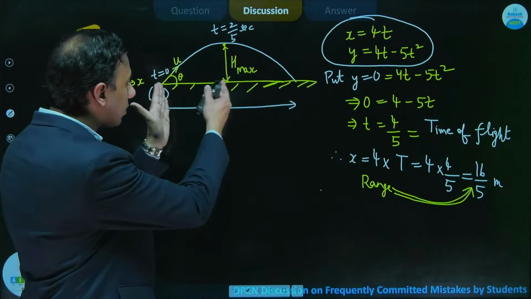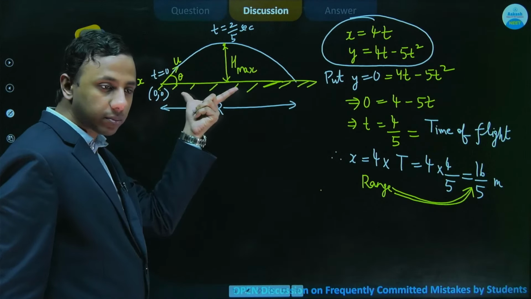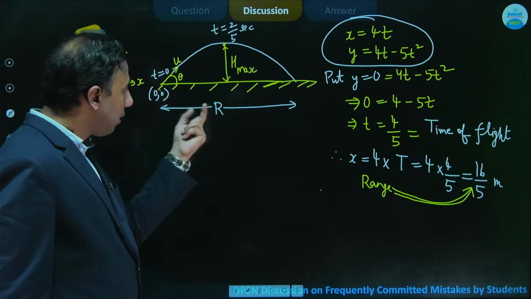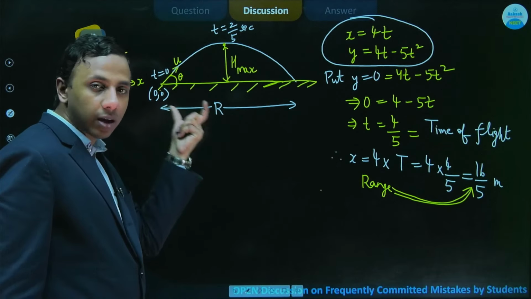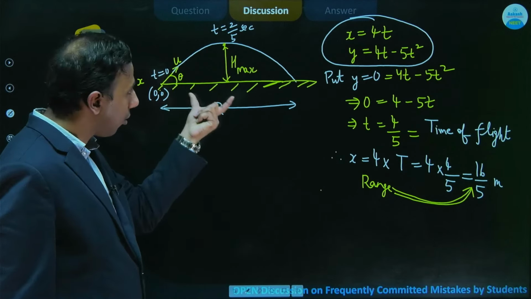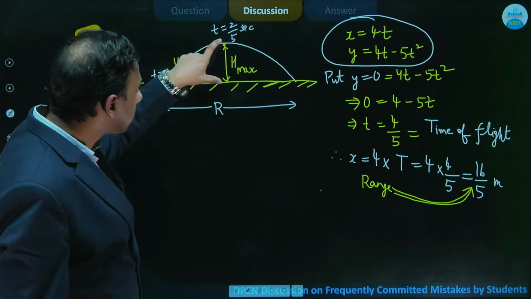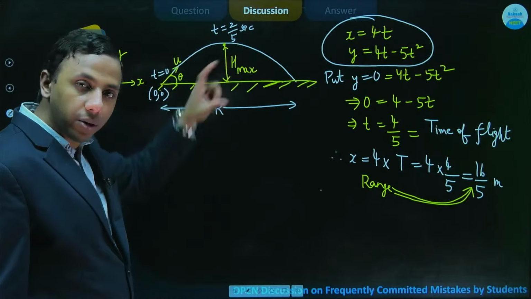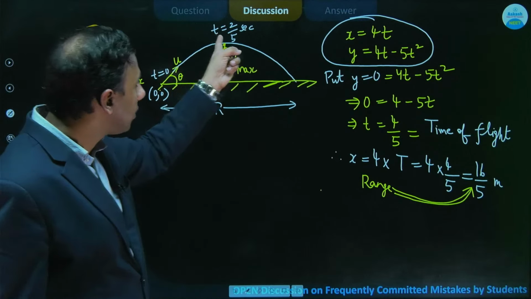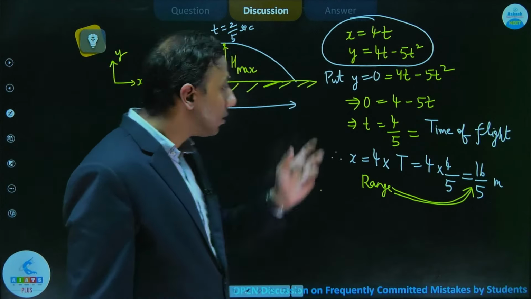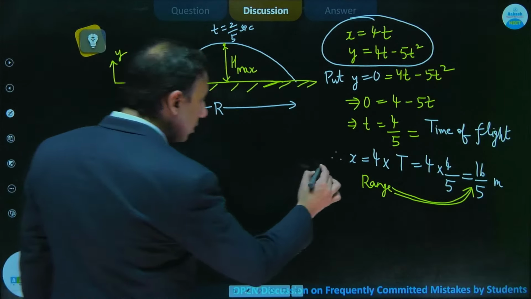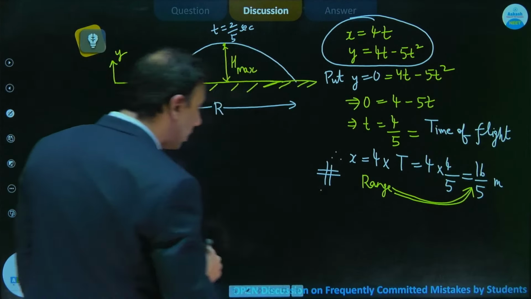You will get this x distance, and that is nothing but R/2, half of the range. Or if you substitute in this y equation, you will get this distance, and that, my dear friends, is your h max. So that's it. We have to substitute it over here. So let's do it. So that was number 1.